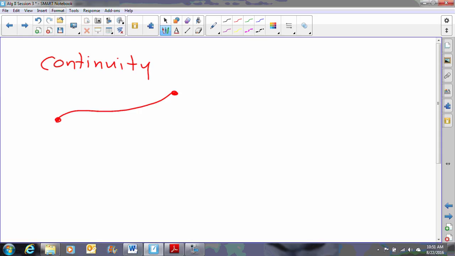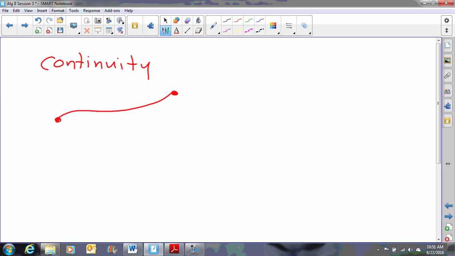And if you look at the word continuity, it contains continuous. So in other words, a continuous line is connected, and that's the whole idea behind continuity.